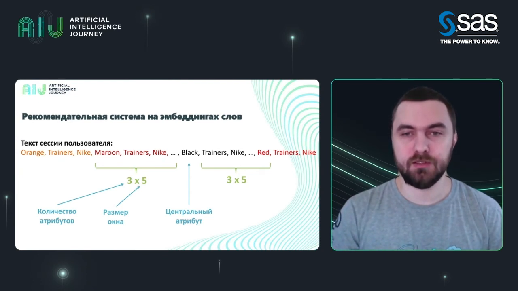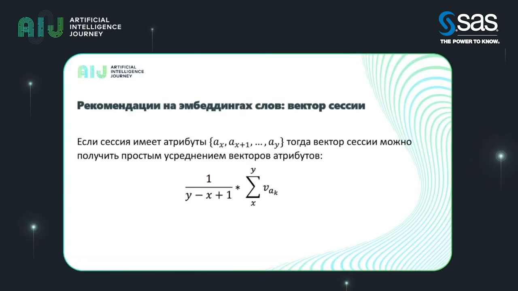Of course, we'll talk about the context size. We'll choose a context size that is a whole number, because we have a fixed number of attributes for goods. And you can see the formula on the screen that you can use to get the vector of the session.